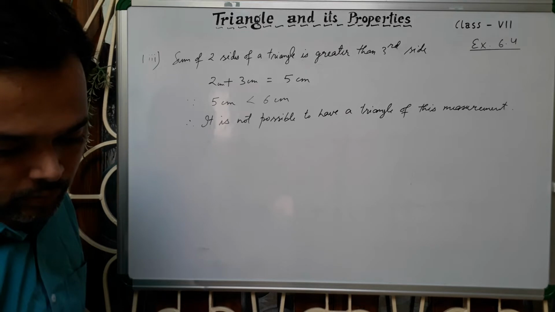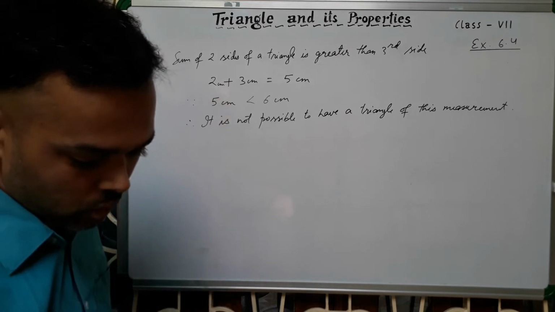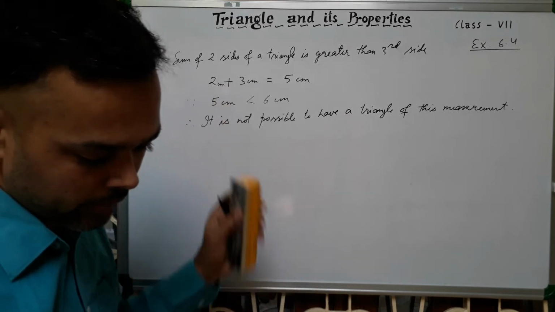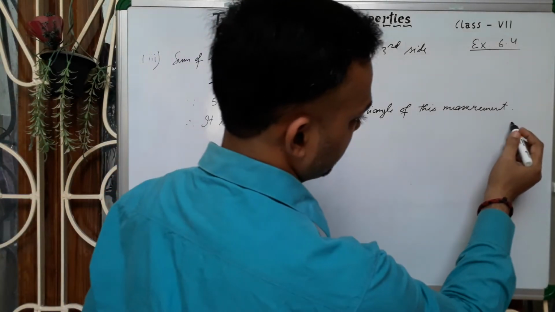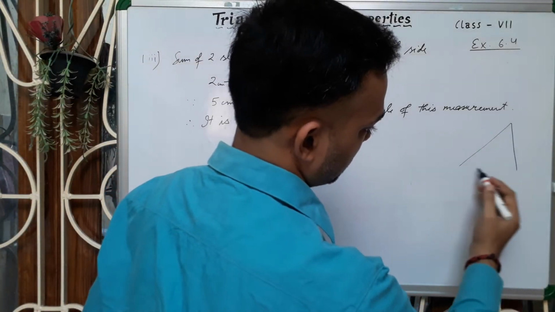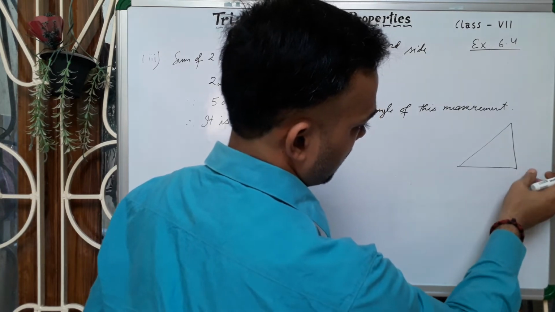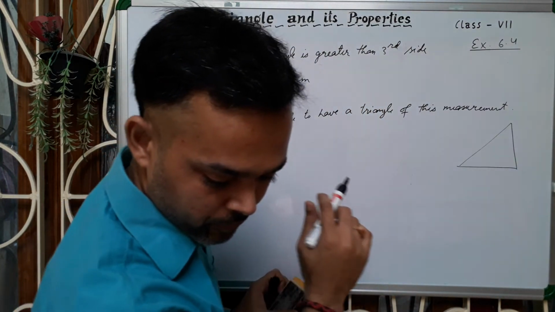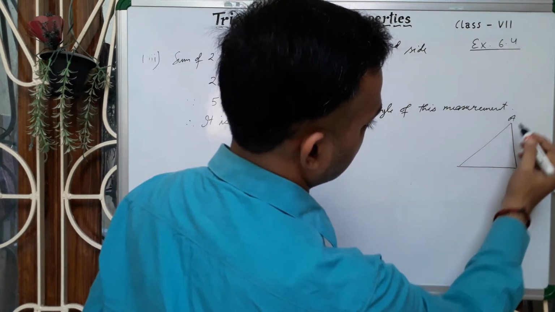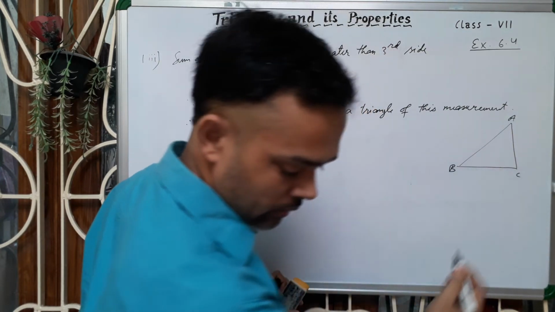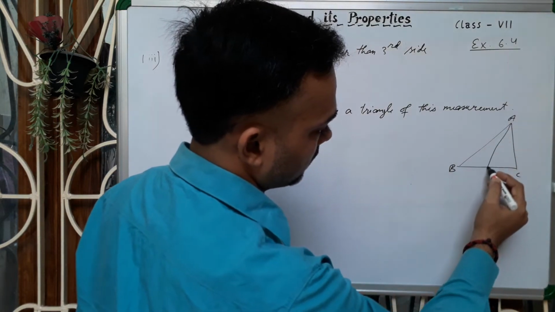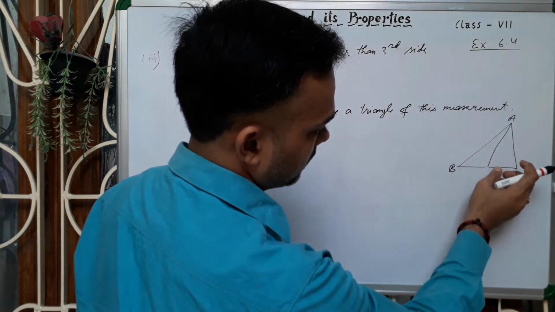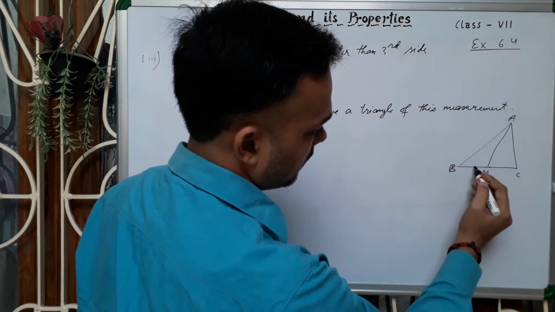In question number 3, the figure is drawn. Meanwhile, you are writing this third part, I am drawing the figure. There is triangle ABC in which AM is the median.